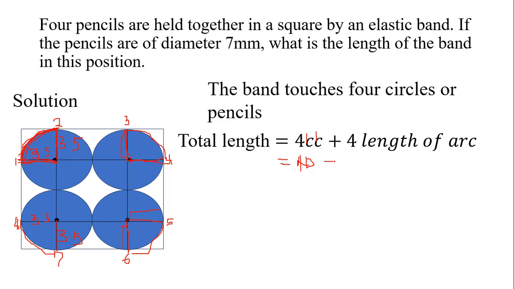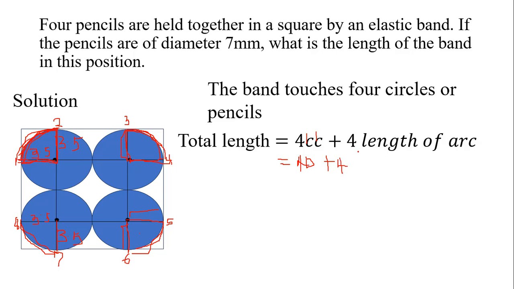Plus, now the length that we can obtain here is the length of an arc. How many arcs do we have here? We have 1, 2, 3, and 4. So 4 plus the length of an arc.